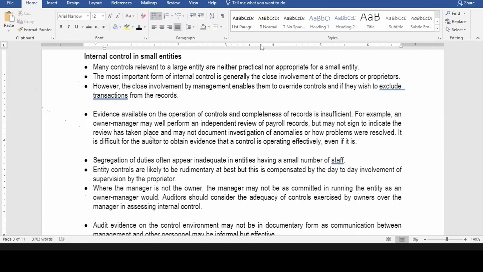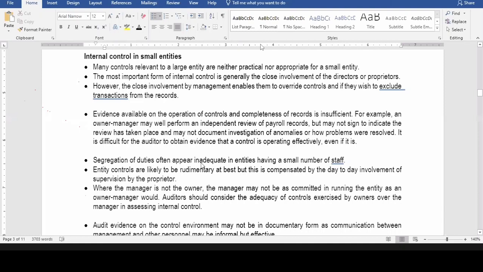The owner records those items in his diary or counter book. And the owner has access to all the assets, all the stock. The owner is the one who receipts. The owner is the one who banks the money. You can see he does very many things.